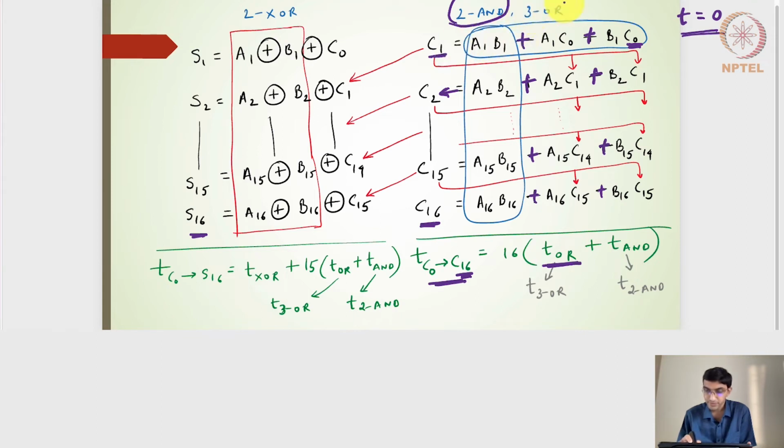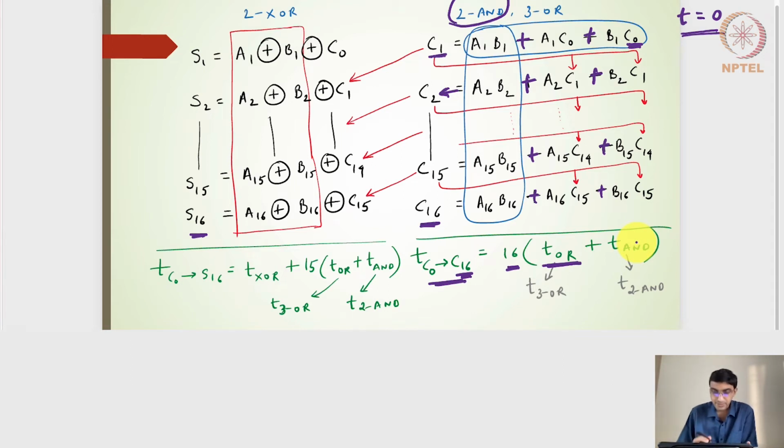The output of that will be fed to a 3-input OR gate, and then that will be fed into a 2-input AND gate, and then that will be fed into the 3-input OR gate. So even for C2, the overall delay will be twice the 3-input OR gate plus the 2-input AND gate. So similarly for C16, it is 16 times the 3-input OR gate plus the 2-input AND gate, right?